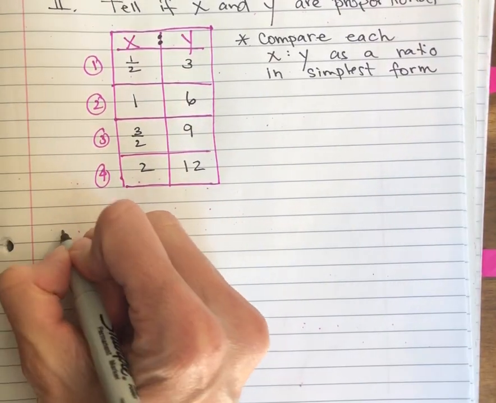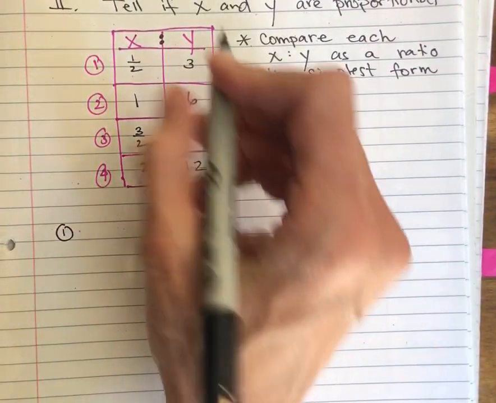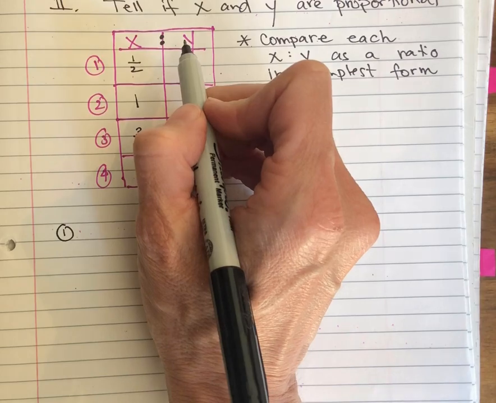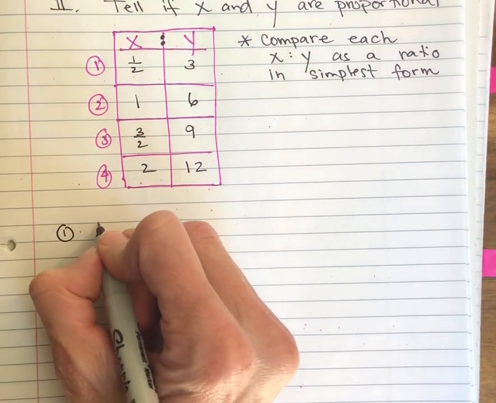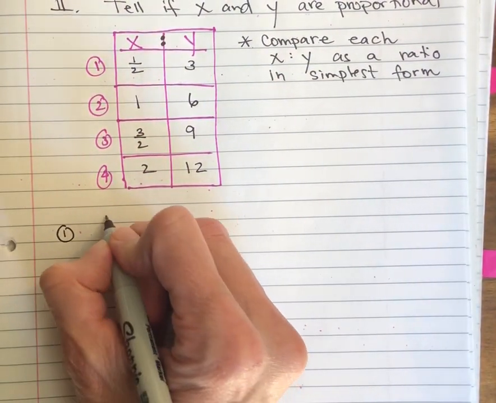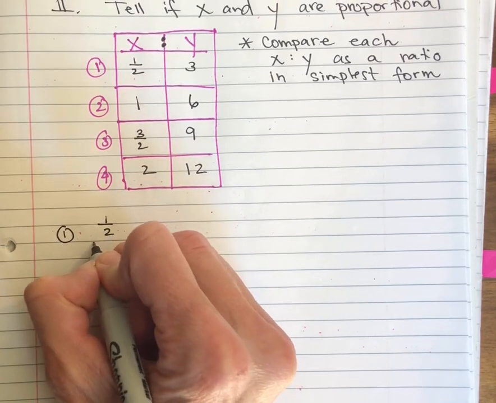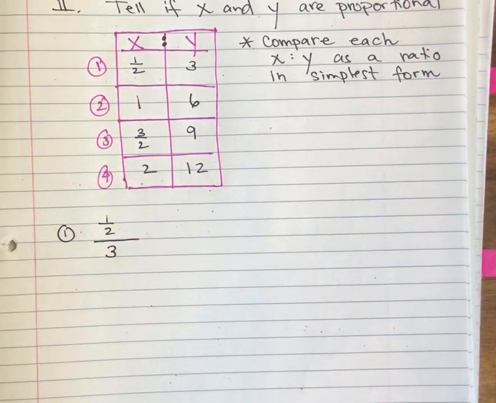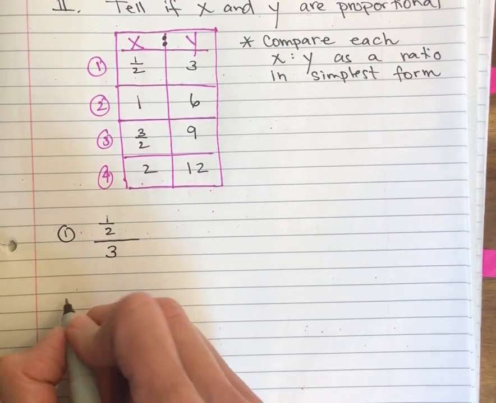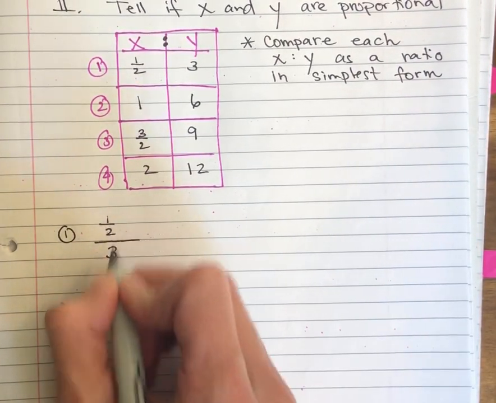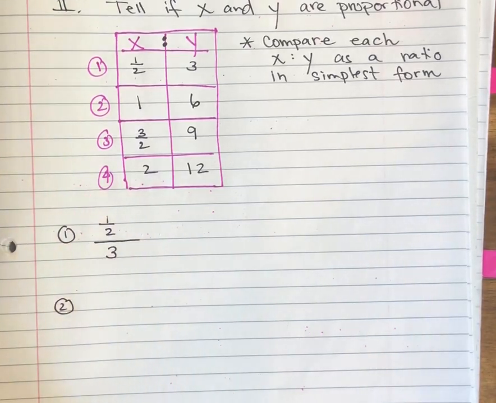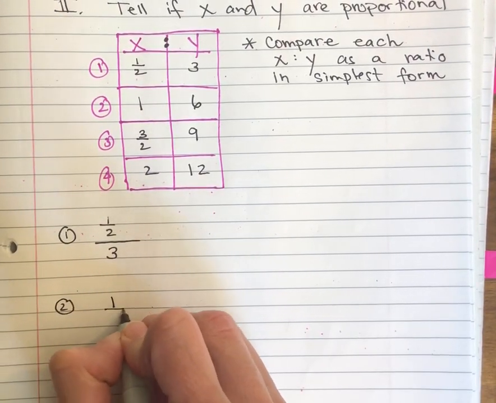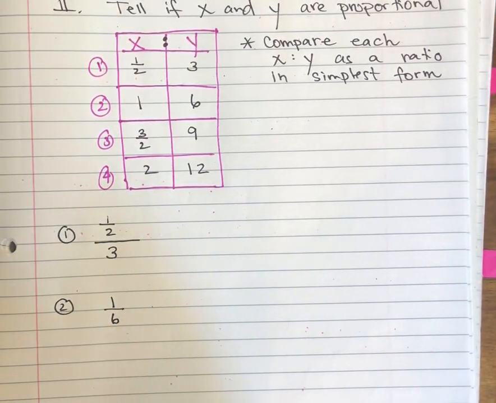Okay, so ratio number 1, we're comparing X to Y. So our X value is 1/2 and our Y value is 3. Okay, our second ratio, we're going to deal with this complex fraction in a second, is 1 to 6.